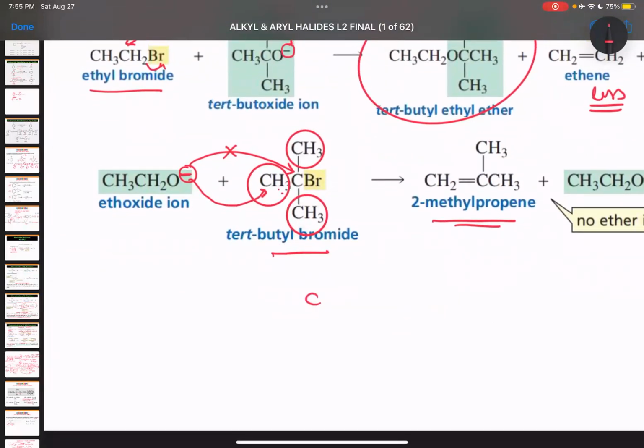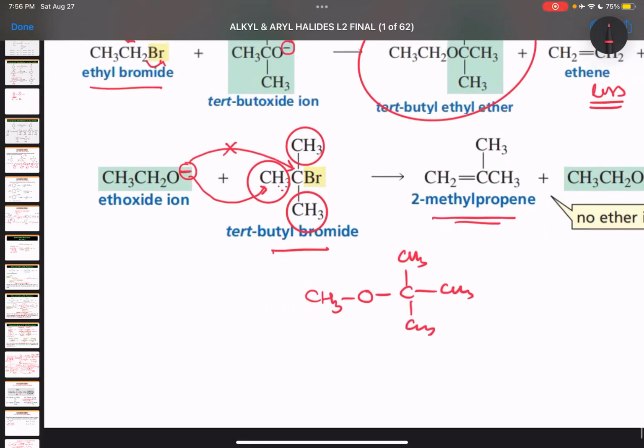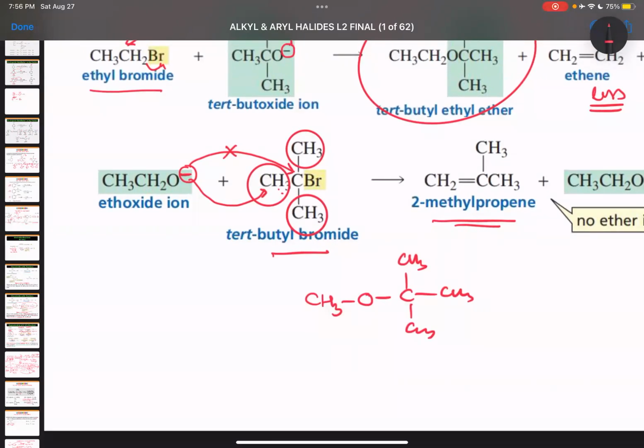Okay, so you need to check. Suppose I need to prepare CH3O, CH3, CH3 and CH3. What should I take? This is substitution. Do I need to take CH3O minus?